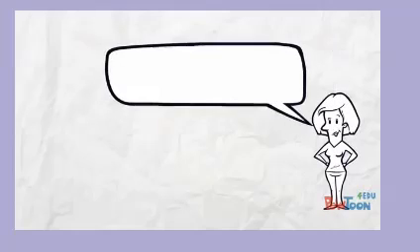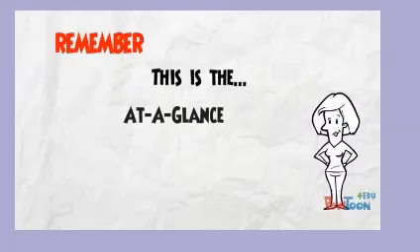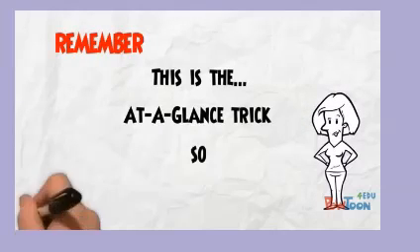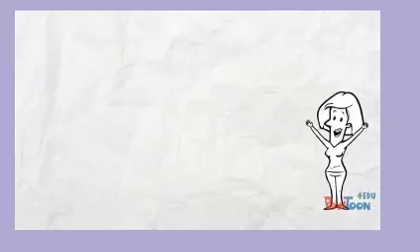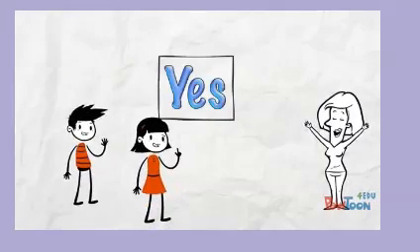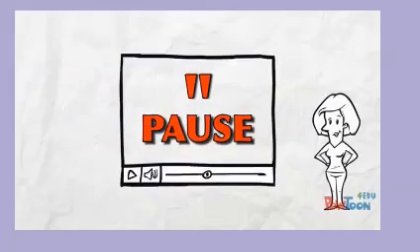Let's see if you can tell with these numbers which has 10 as a factor. Remember, this is the at-a-glance trick. You know the secret is all in the ones column. Hold up your yes or no answer as soon as you are sure. Your teacher will pause the film to give you enough time to answer.